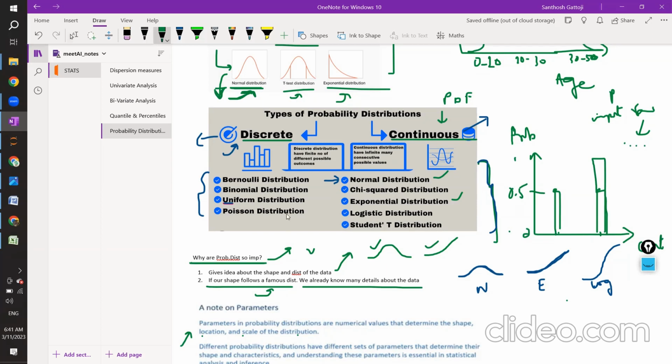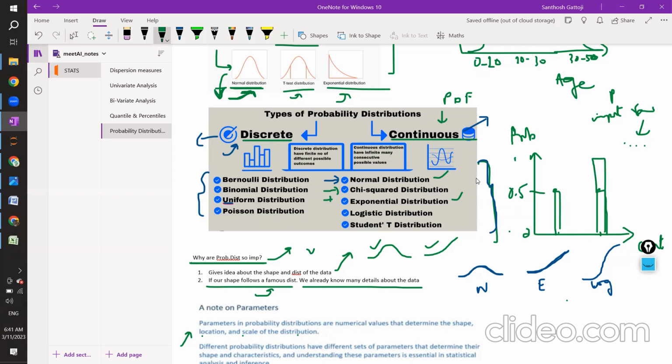There might be lots of other distributions, but we are not going to study all of those, because these are the very famous ones which you can observe in day-to-day life. For example, lots and lots of events follow the normal distribution. We'll show you that. That's the reason we have a few famous distributions in each category.